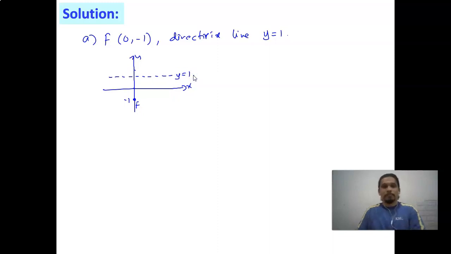So we call the distance from this focus point to the directrix line of y equal to 1, then divide by 2, and the vertex is in the middle here, because the distance from the vertex to the directrix line equals the distance from the vertex to the focus. The distance here is 1, and also the distance here equals 1.